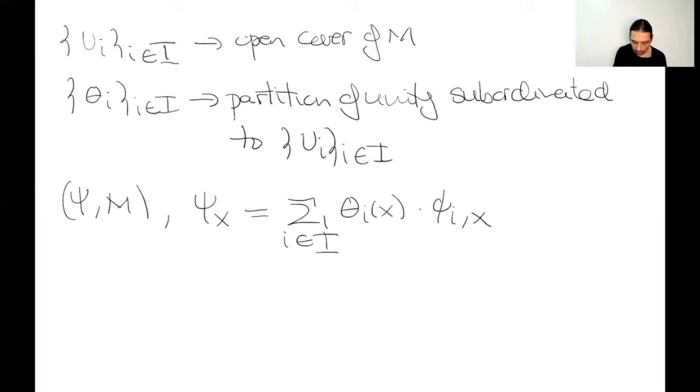In the neighborhood of x, this is a finite sum because the family of supports is locally finite. And what we get at every point is a linear combination of linear transformations, so a linear transformation. It's clear that it depends continuously on x, that's not going to be an issue, but we need to show that it is actually an isomorphism.